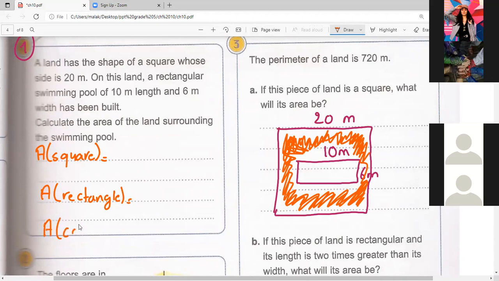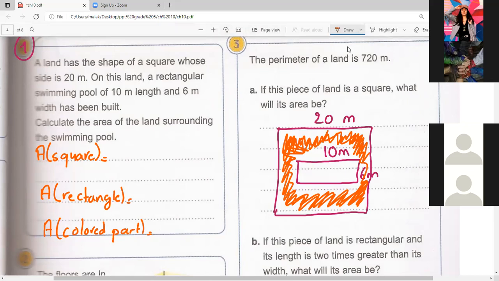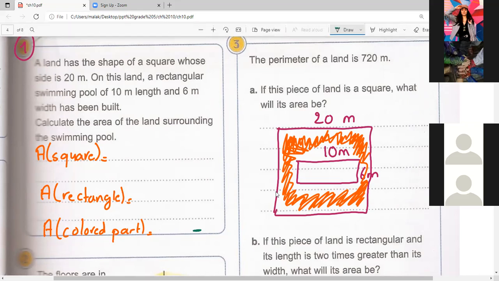We subtract. Excellent Ayman, proud of you. Why do we subtract? Because the remaining part is the area I colored, the one outside the swimming pool that surrounds it. From the whole square's area I first remove the area of the rectangle, and I have the colored part.